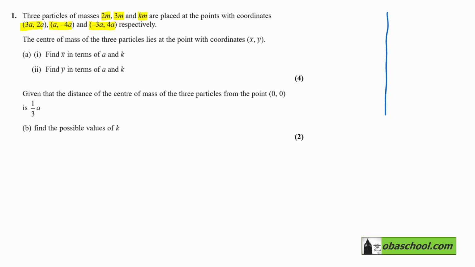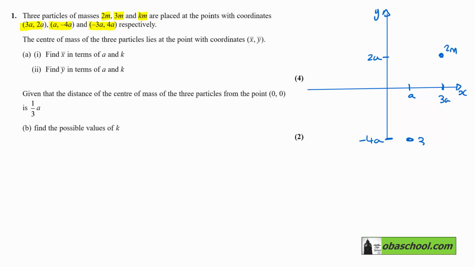Let's have a diagram of what this looks like. I'm going to put my axes like so, with the x-axis here and the y-axis here. We have a 2m particle at (3a, 2a), so let's draw that here. The 3m particle is at (a, -4a).